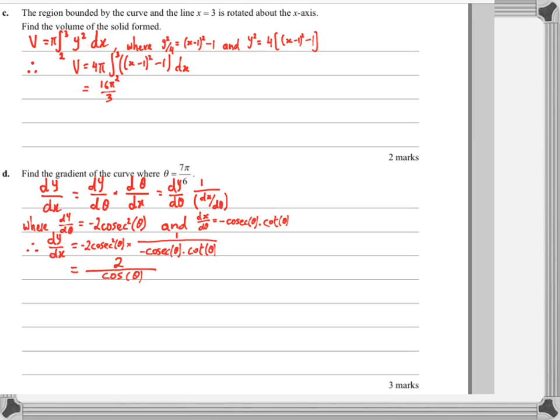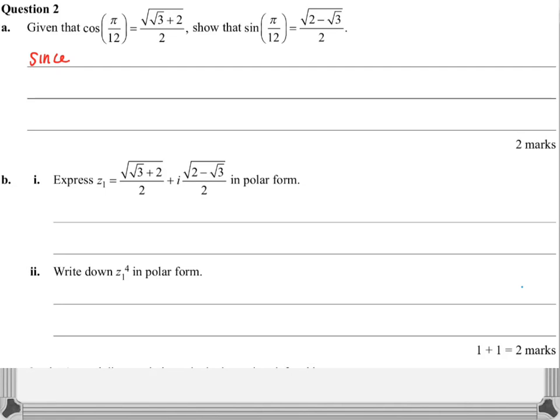Then we have to work out what it is going to be at theta equals 7 pi on 6. So we substitute that into our rule, and we do that calculation in the CAS. We get -4 on root 3. Okay, very good. Next.